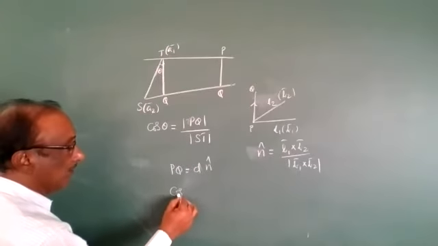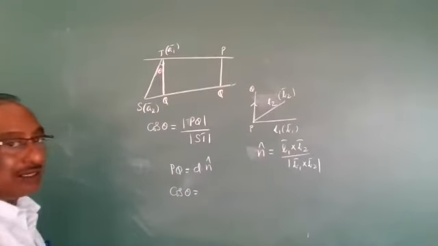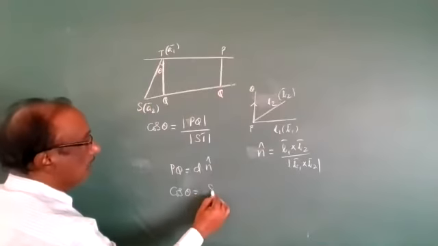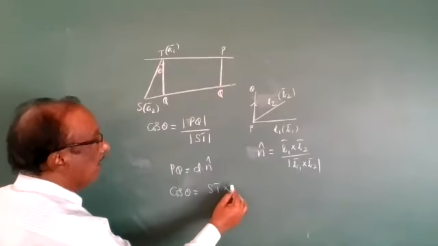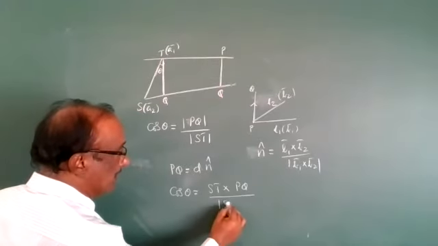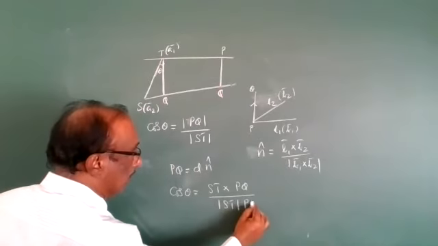Therefore the cos theta formula is applied. Cos theta is equal to ST, this vector, dot PQ by modulus of ST into modulus of PQ.